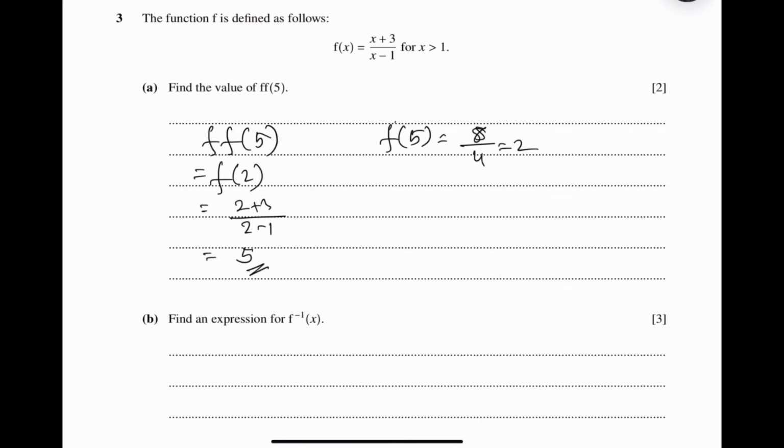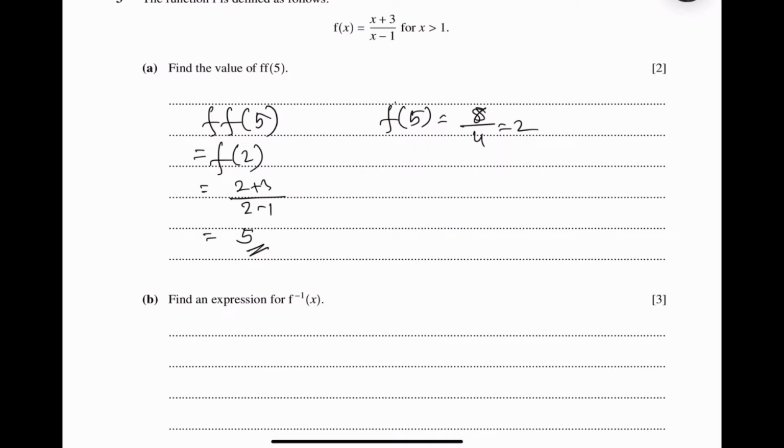That's enough. Let us find out the inverse. It is also very easy, we have done it in O level. Let y equal (x plus 3) divided by (x minus 1). Now let us make x the subject.